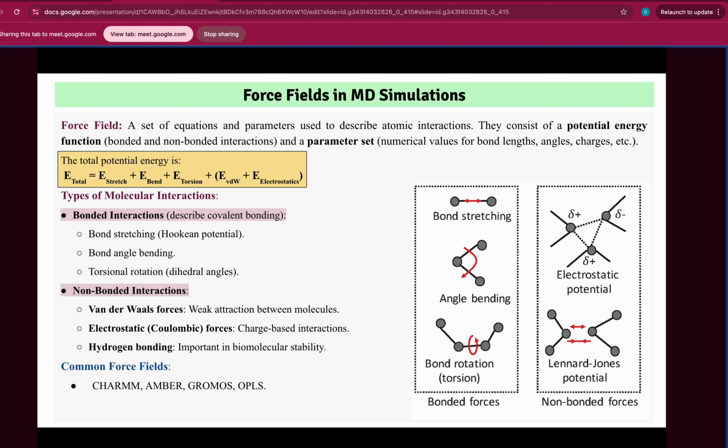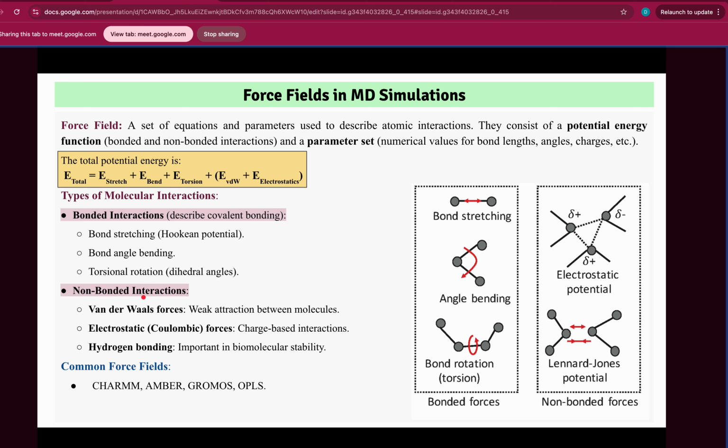So all those conformations can be determined with the help of these torsion angles, because they determine which angles are feasible and which are not feasible. So these all come under bonded interactions.